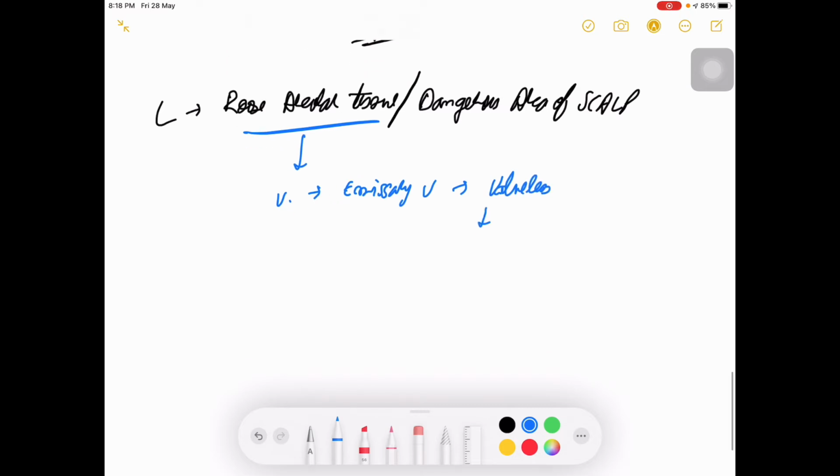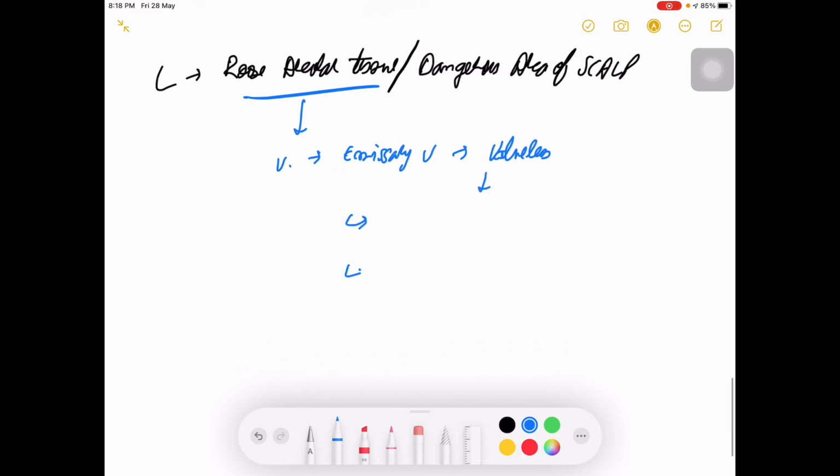They connect the veins of the scalp with the veins that are present in the skull, also known as the intracranial veins.